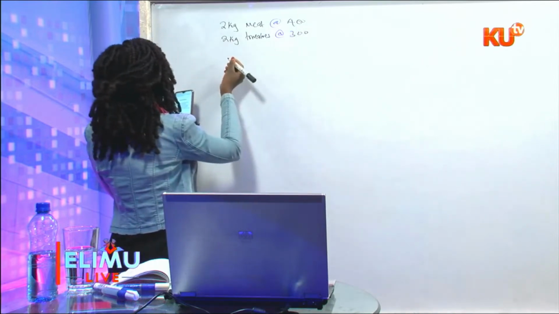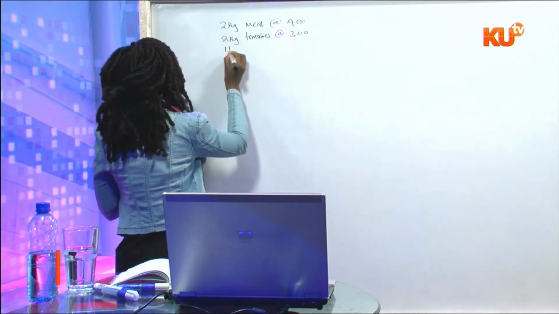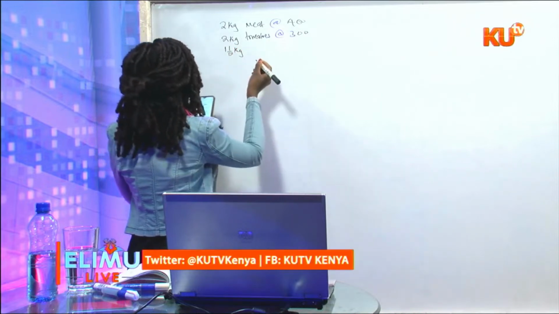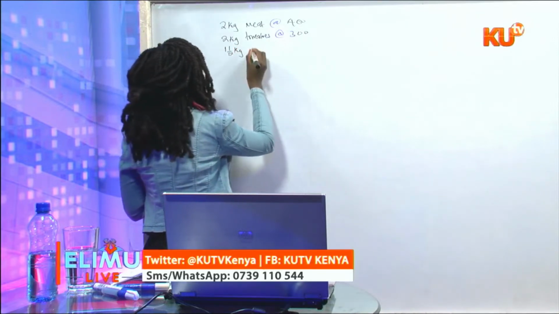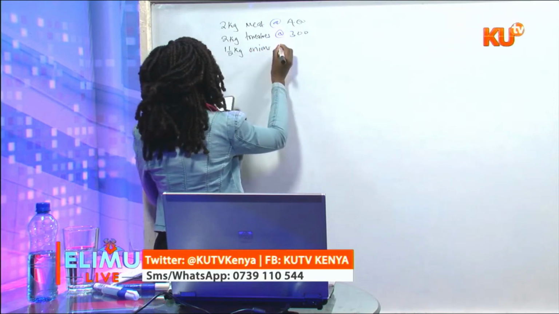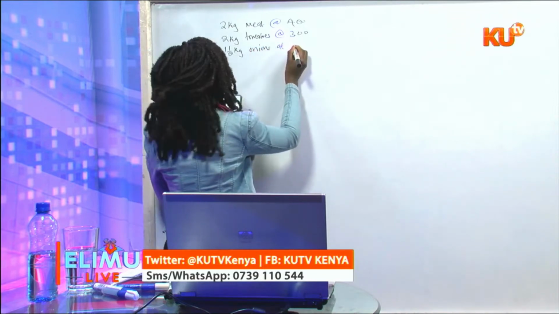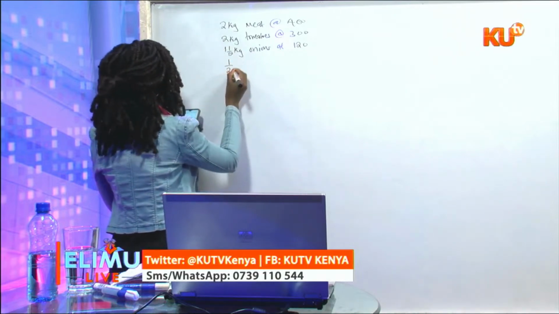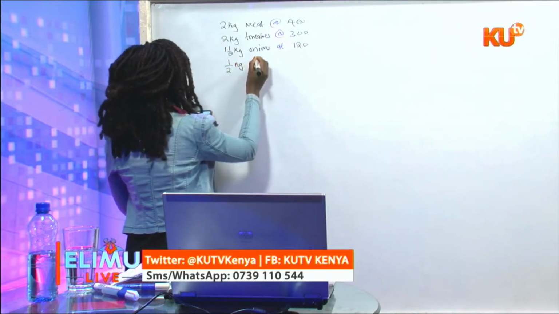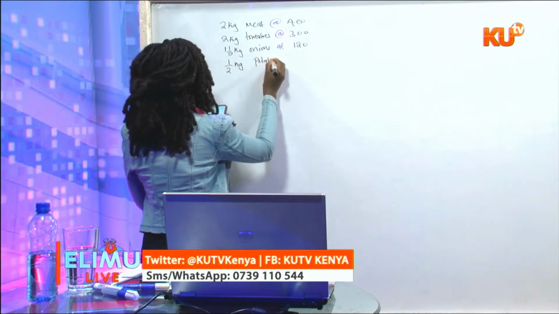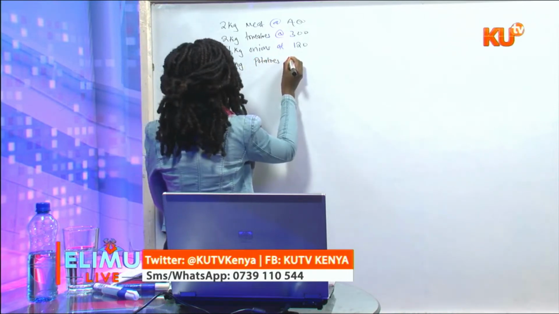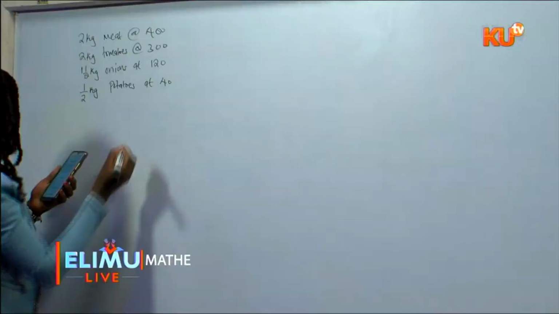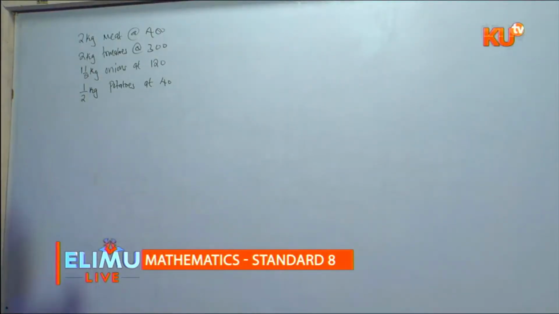We have 1.5 kgs of onions at 120 per kg, and then we have a half kg potatoes at 40 shillings per kg. So how much did he pay? So first we get the total.